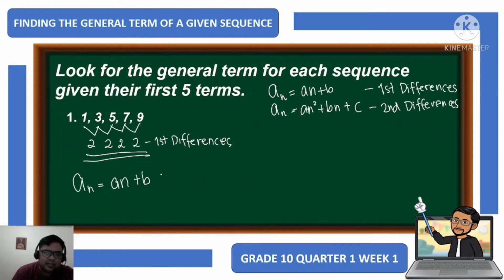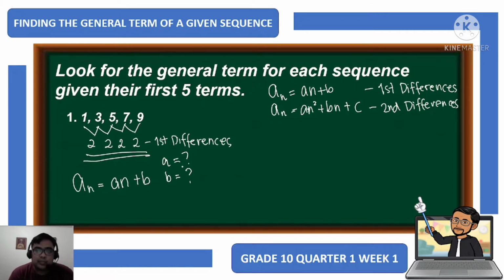Sir, paano yan? Look at the linear form. Meron tayong dalawang variable a and b. Para malaman natin yung sagot, dapat hanapin natin yung value ni a at value ni b. Since dalawang variable yan, we need to have a system of linear equations. So, kung system, 2 or more equations yan.